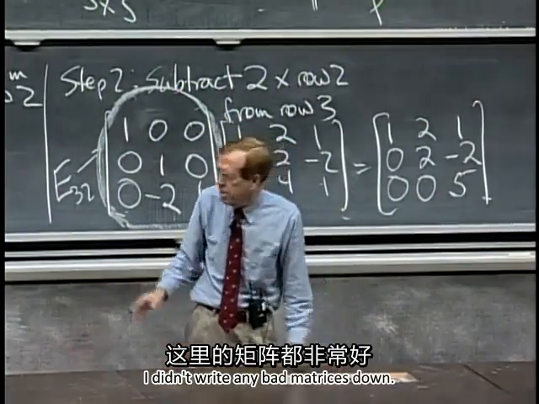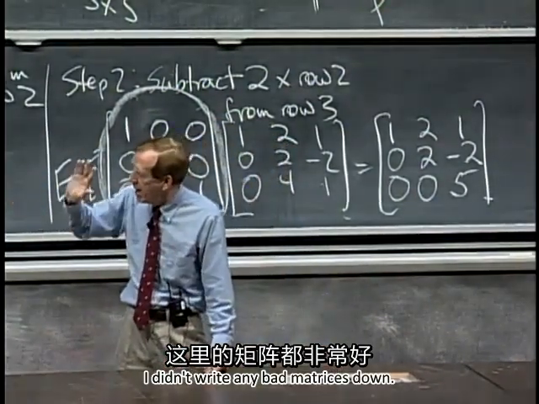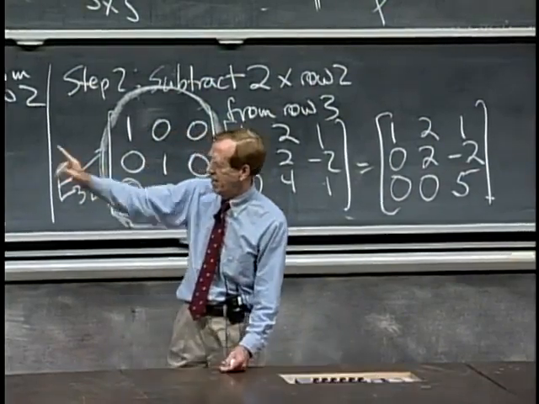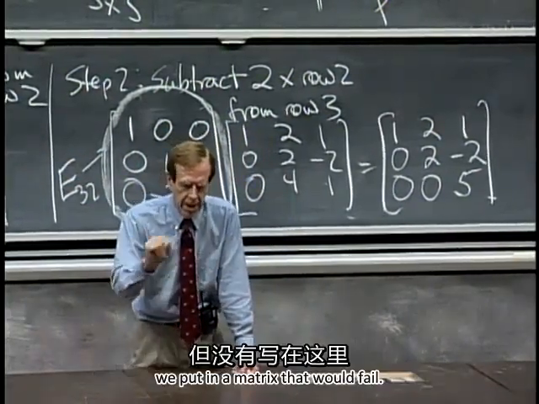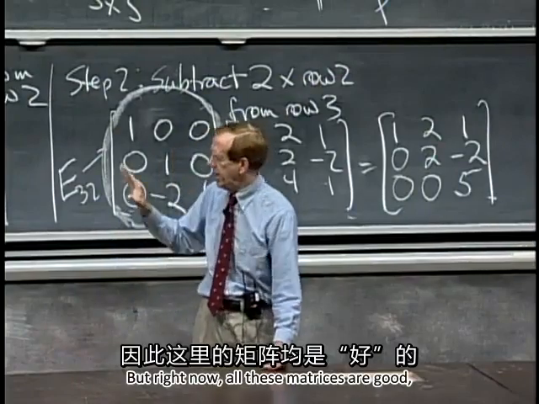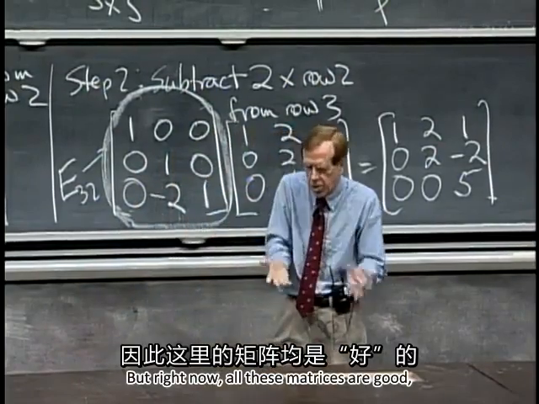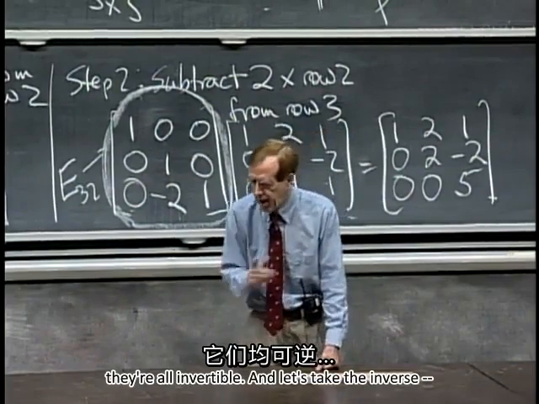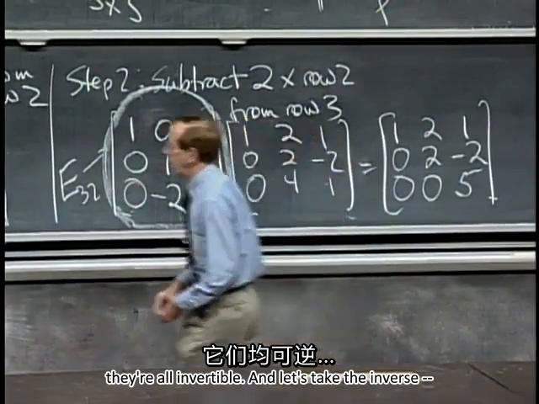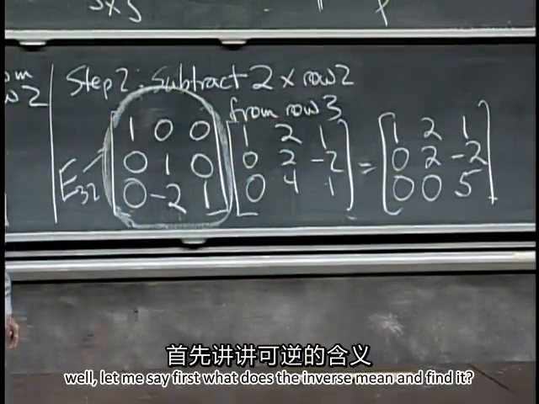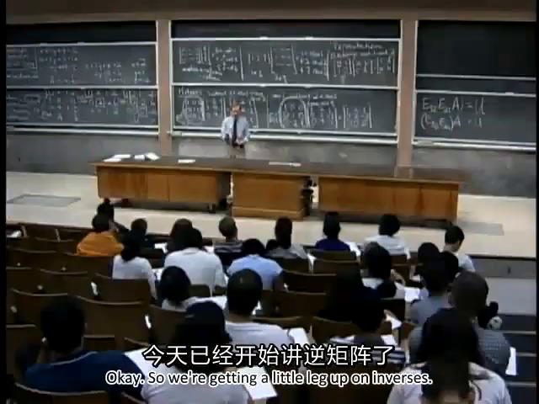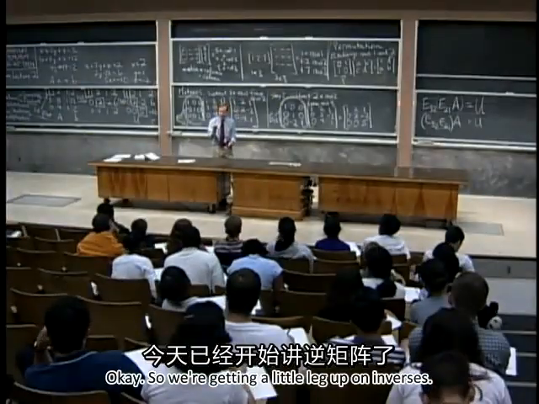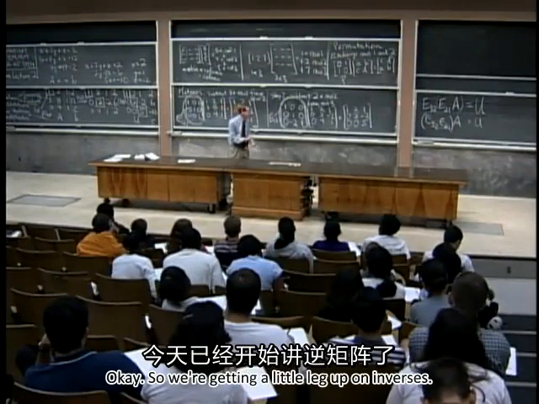I didn't write any bad matrices down. We spoke about possible failure, and for a moment we put in a matrix that would fail. But right now, all these matrices are good. They're all invertible. And let's take the inverse. Well, let me say first, what does the inverse mean, and find it.